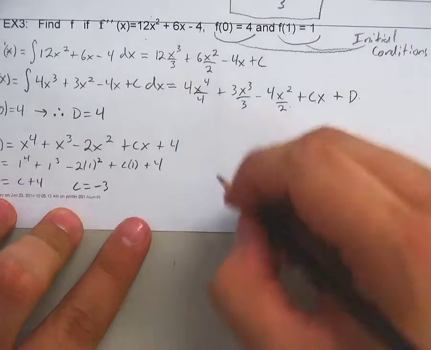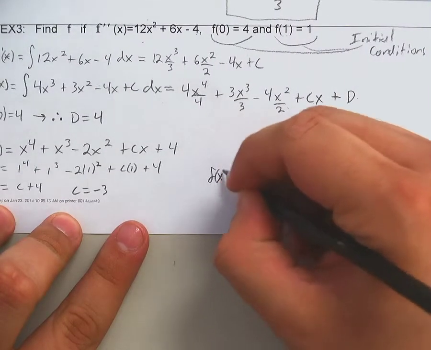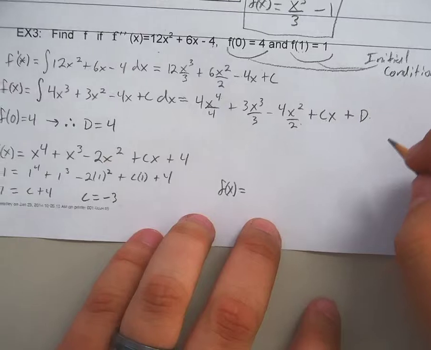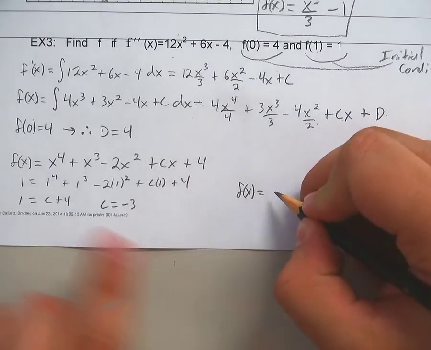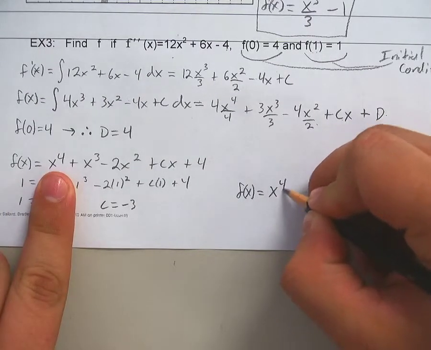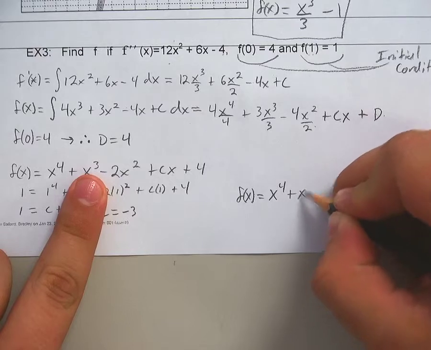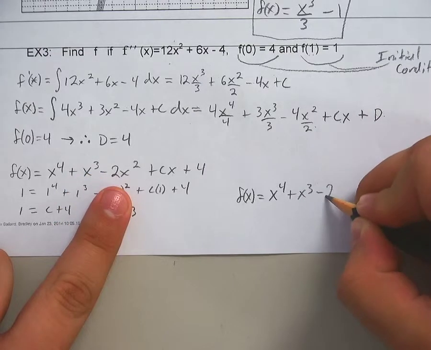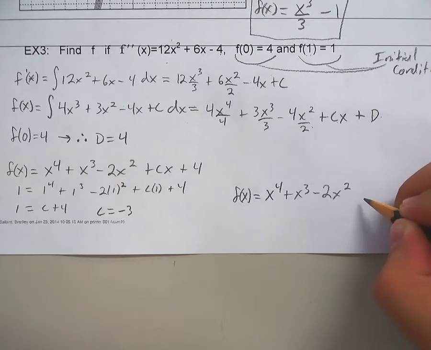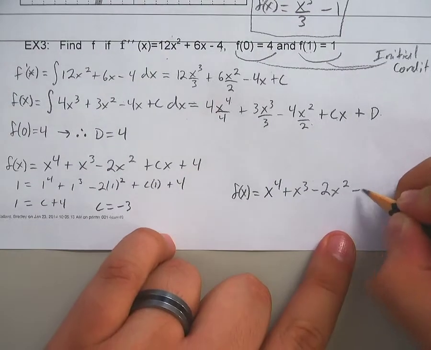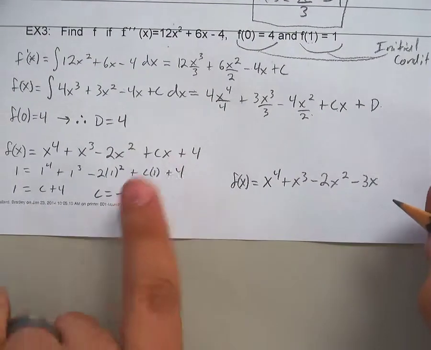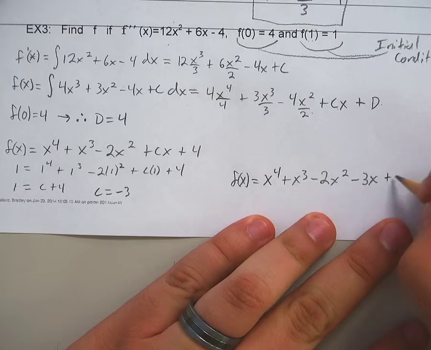So I can come over here and I can write my equation, f of x is going to be, from here, x to the 4th plus x cubed minus 2x squared minus 3x, because this c is a negative 3, plus 4.